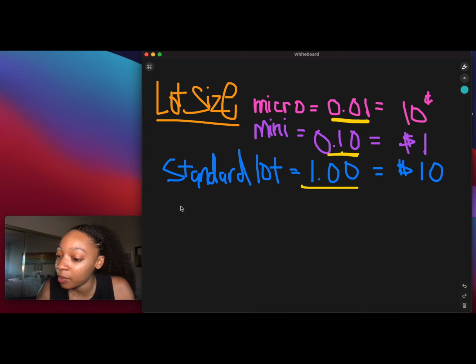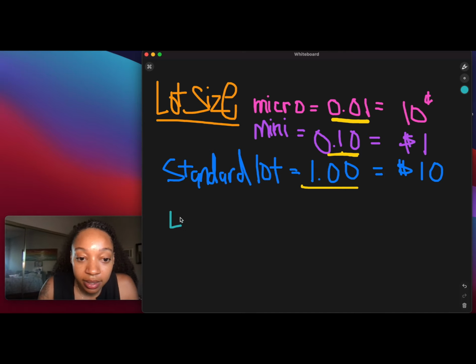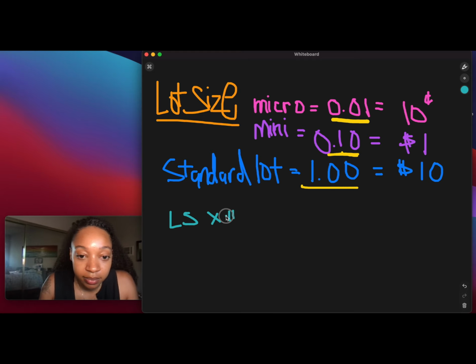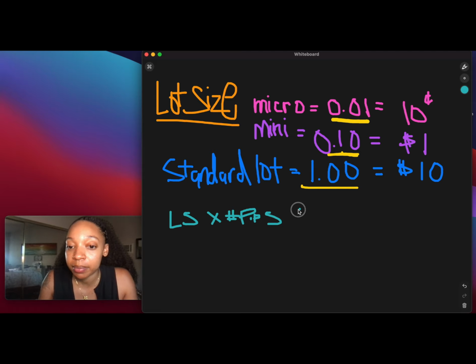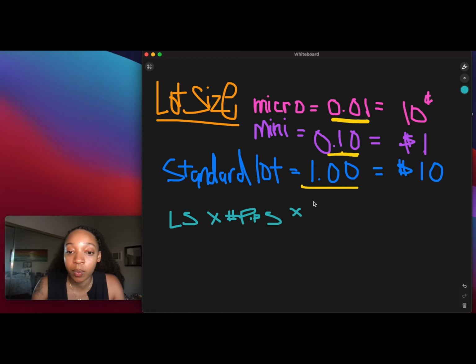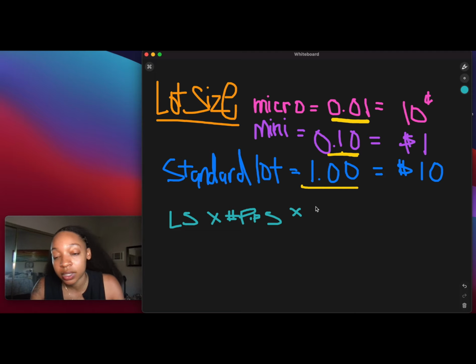A simple formula will be the lot size, which is LS, times the number of pips, and then times the number of lots, because you can get more than one lot.